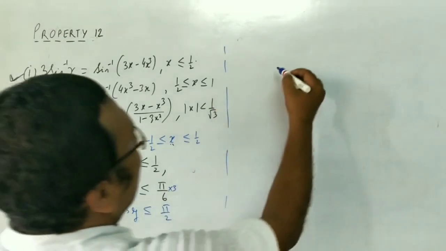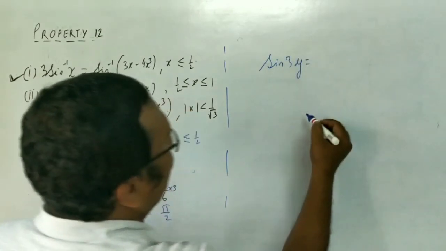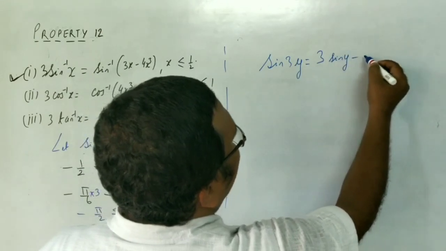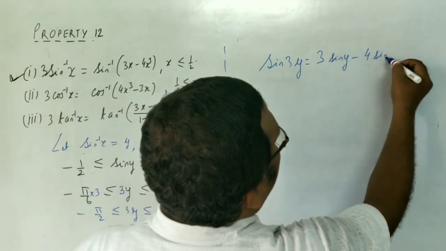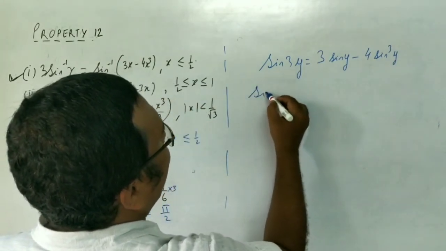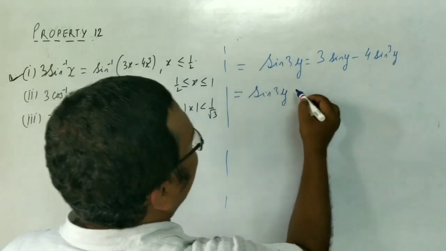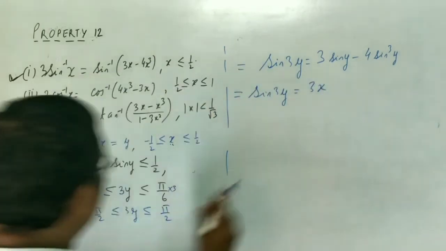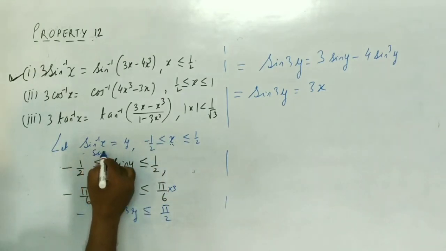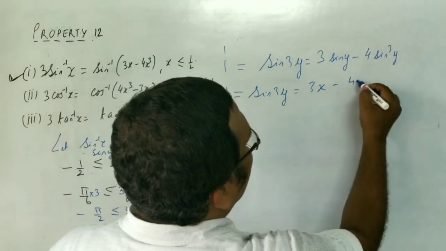Now, what is sine 3y? We know it is 3 sine y minus 4 sine cube y. So sine 3y is equal to 3x, sine y is x, minus 4x cube.